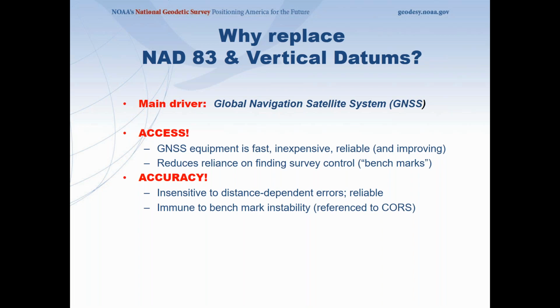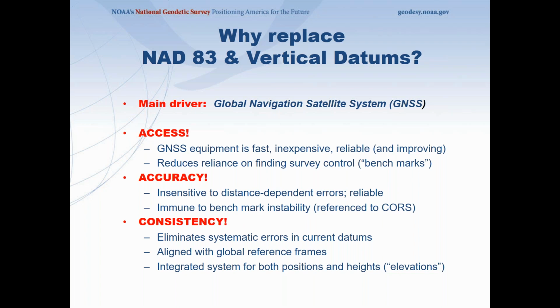Now we can have a GPS unit on a station in Colorado and another one on a station in San Diego, and we can determine the distance and get the coordinates independent of each other in very little time. We could do that probably within 5 to 6 hours. And of course, it's immune to benchmark stability. In other words, if a benchmark is moved, we can see that using our CORS sites.